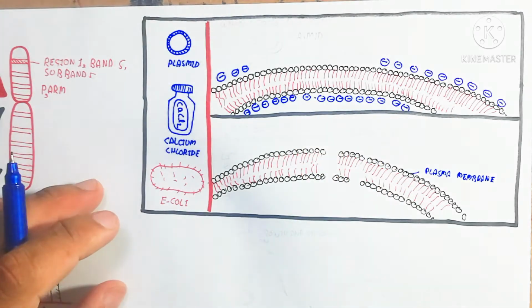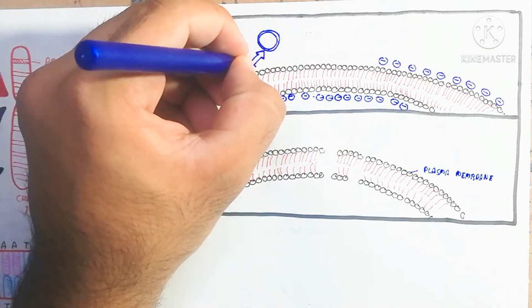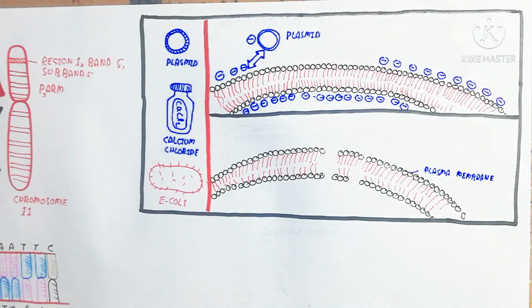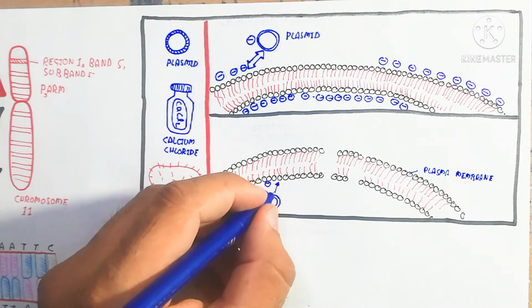So let's talk about the plasma membrane without treatment with calcium chloride. The outer side and inner side contain a negative charge from the phosphate groups, and natural repulsion will occur with the plasmid.